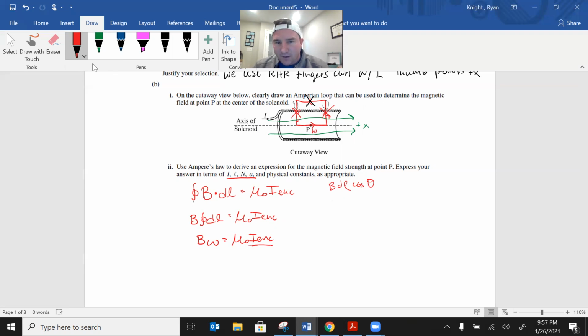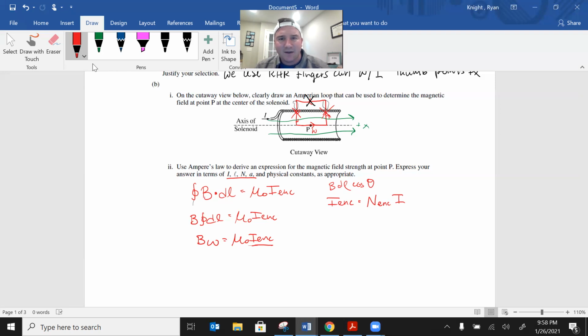So I enclosed is actually going to be equal to the number of turns that we have enclosed times I, right? The current that's going through each of the turns times the number of turns that we have enclosed. Unfortunately, N enclosed is not allowed to be in there either, because this value N is the total number of turns, and we clearly do not have all of the turns in our Amperian loop there.